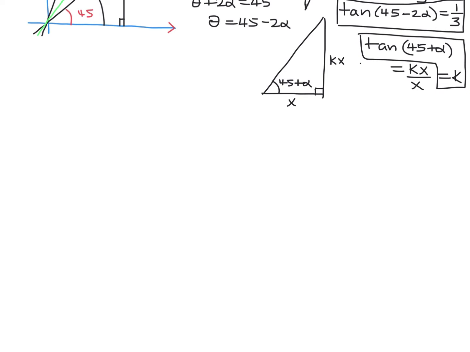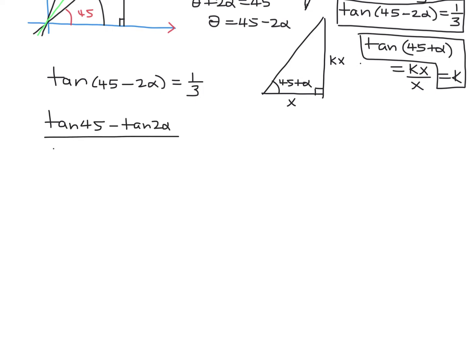So a little knowledge of some trig identities will be required, and those are essentially the tan identities. So first let's start with tan of (45 minus 2 alpha) is equal to 1/3. Correct? And if you remember the trig identities, this is tan 45 minus tan 2 alpha, all over 1 plus tan 45 times tan 2 alpha, and that's 1/3.